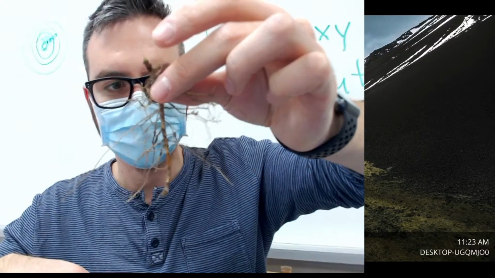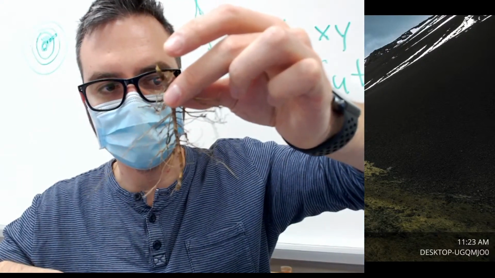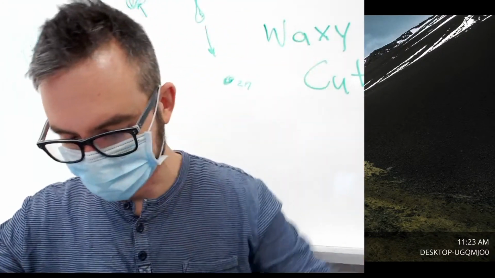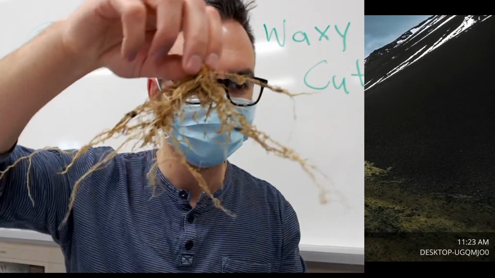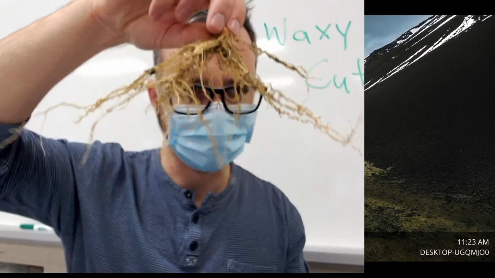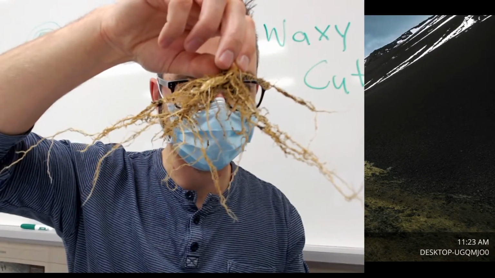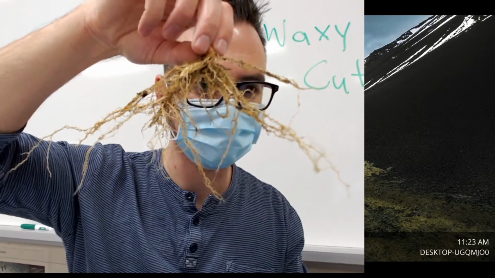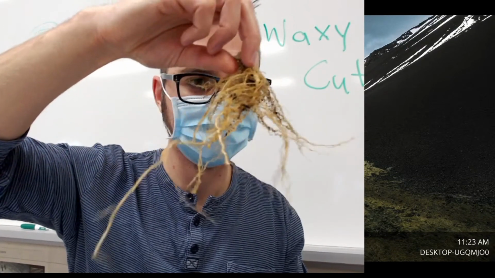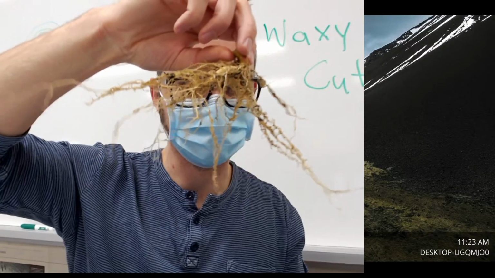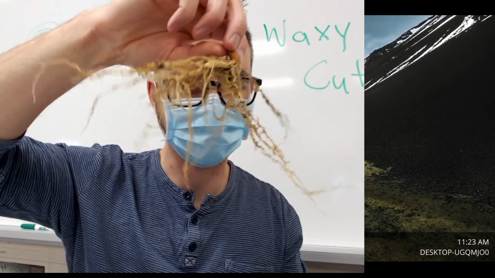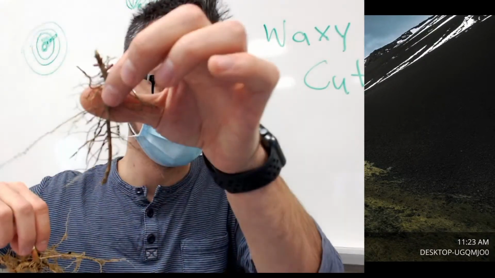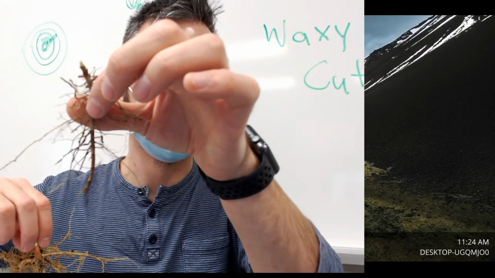So that's a taproot. This is what the roots look like in dicots and in gymnosperms. And this right here is a perfect example of a fibrous root. This is the kind of roots that most monocots grow. They're basically just tiny fibers that go in every direction. There is no central stem to the root like this taproot right here.